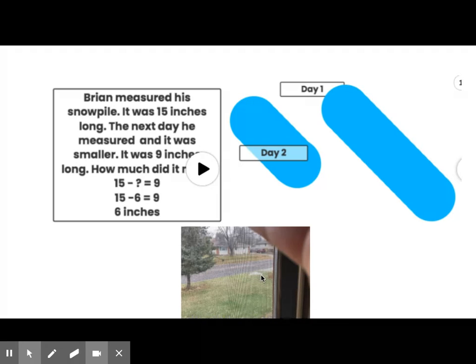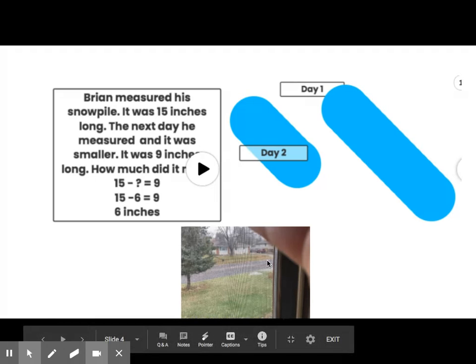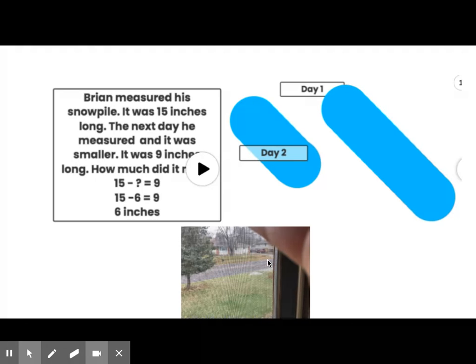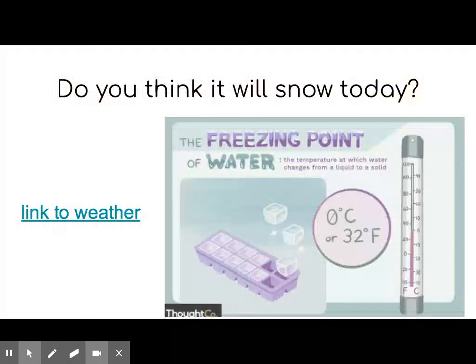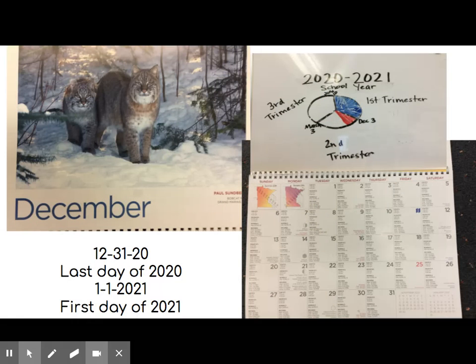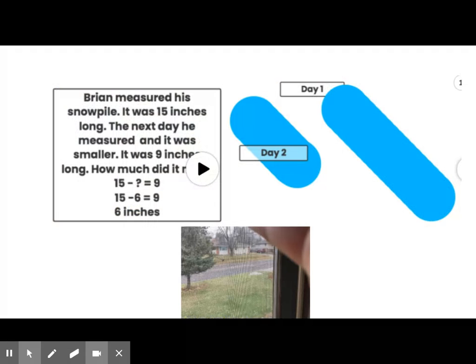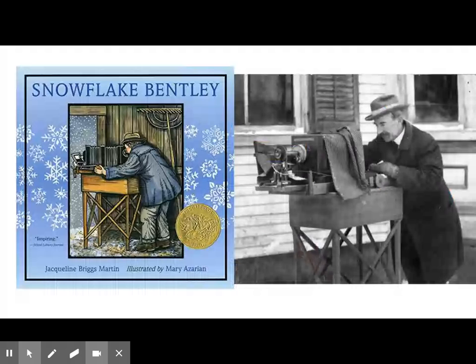I hope you will be paying attention to snow in your neighborhood, in your yard, figuring out if you can measure that snow and pay attention to it. Don't let that snow sneak away. If it gets up to 40, we know things may melt a bit. So we don't want that snow to melt away on us if it gets really warm.